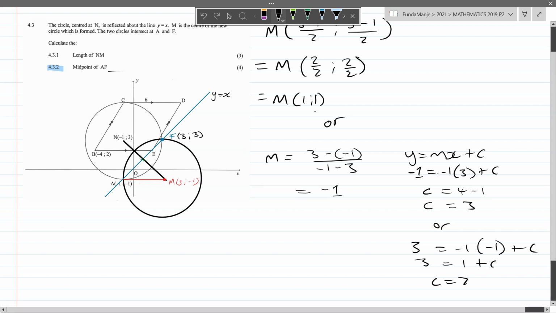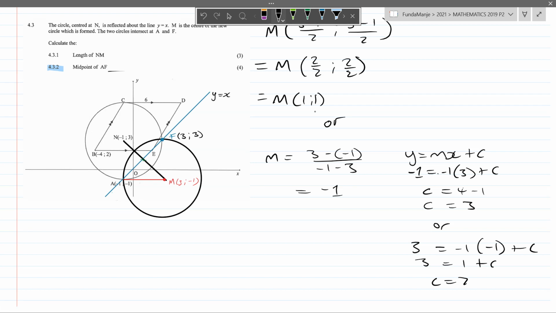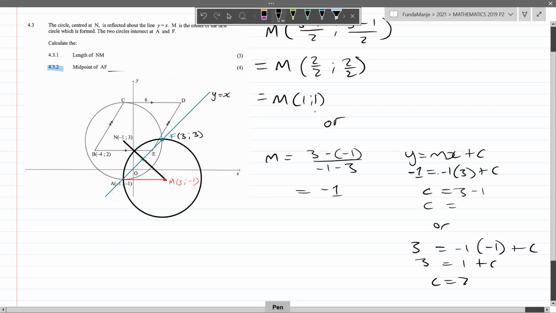Now this is happening because there's a mistake somewhere here in my substitution. My gradient is -1, my value of x is 3. -1 times 3 gives us -3. Take it to the other side, it becomes positive 3. 3 minus 1 gives us 2.